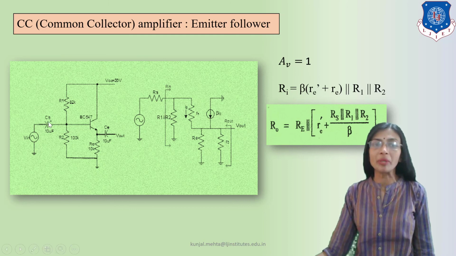Input is applied to the base and output is always collected from the emitter. So this is known as emitter follower because the collector is connected directly to the common terminal, plus VCC, without resistance, without biasing. That's why AV is equal to 1. This is the definition of Ri and this is the definition of Ro.